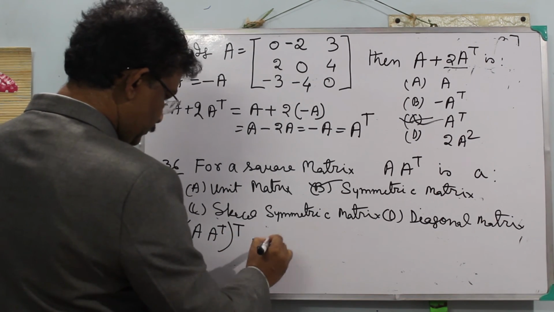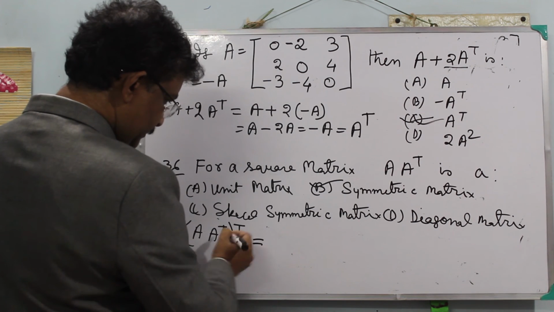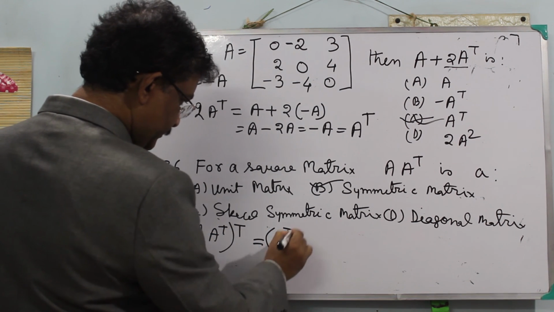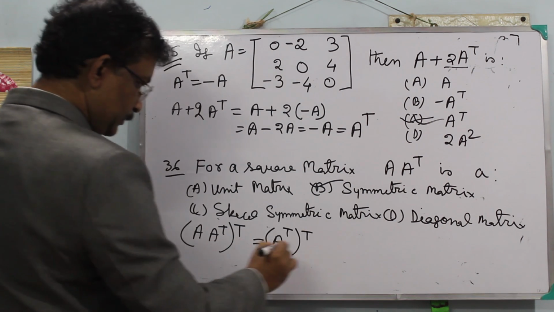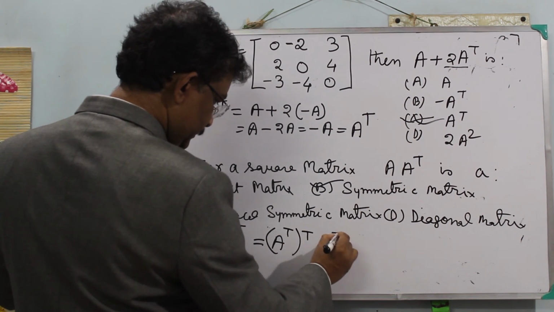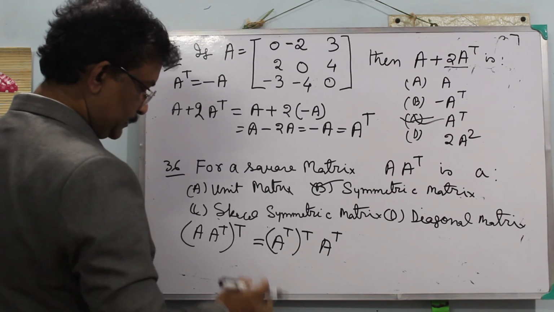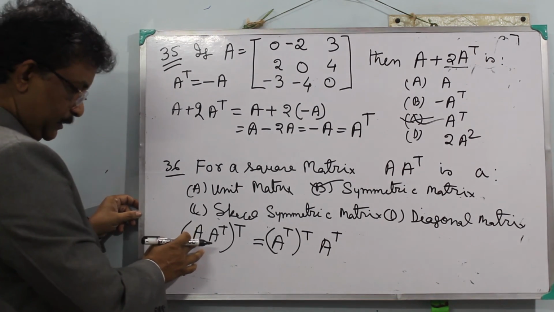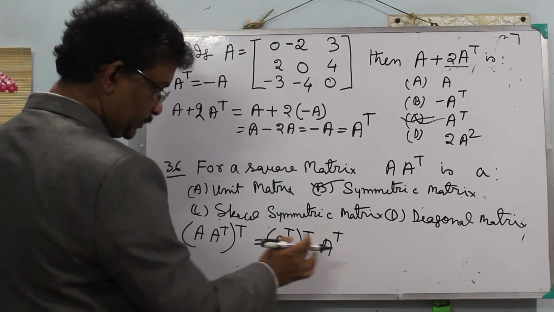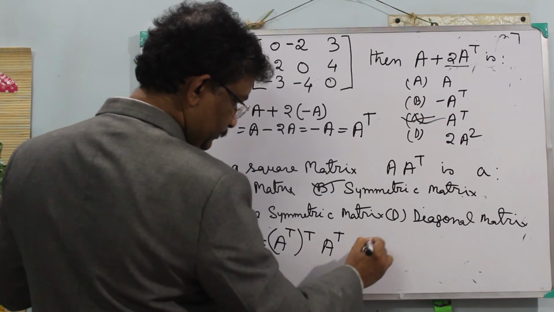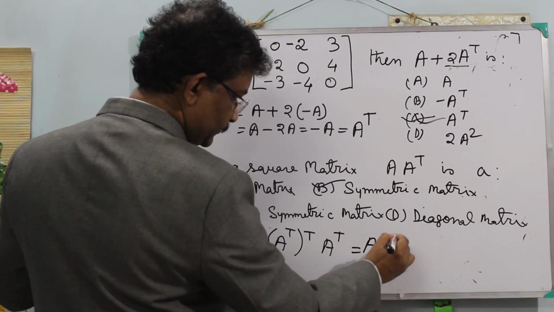So this equal to, this will come first, A transpose and its whole transpose into A transpose. This A, which was in first position, becomes second position. So A transpose and its transpose equal to A and A transpose.